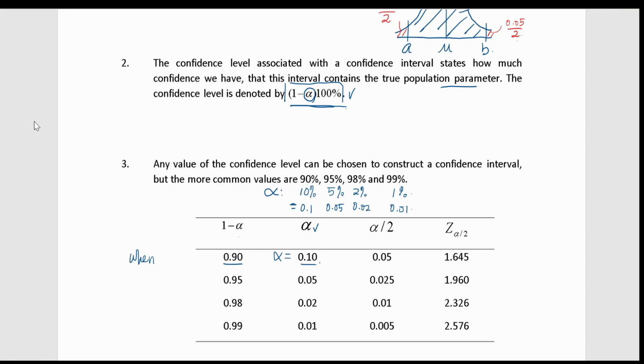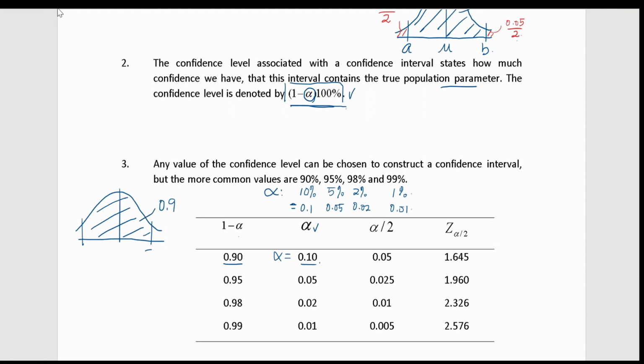Then after that, we have alpha divided by 2. Why do we do that? Let me erase this. Don't forget, we are looking at the 90%, bounded symmetrically in the middle of the bell-shaped curve.